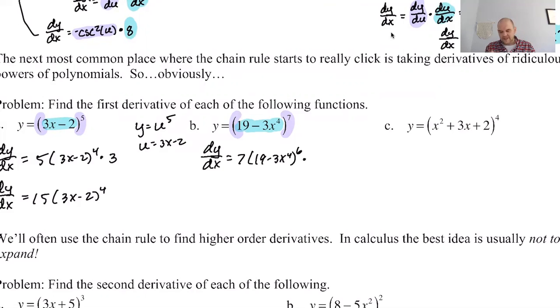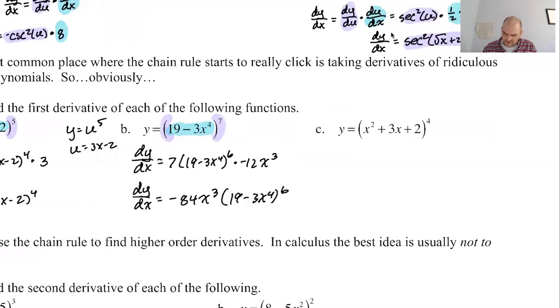What's the derivative of 19 minus 3x to the fourth? It's negative 12x cubed. Ooh, tense moment. Got to multiply 7 and 12. Negative 84x cubed times the quantity 19 minus 3x to the fourth, to the sixth. That's my final answer. So they're not that bad.